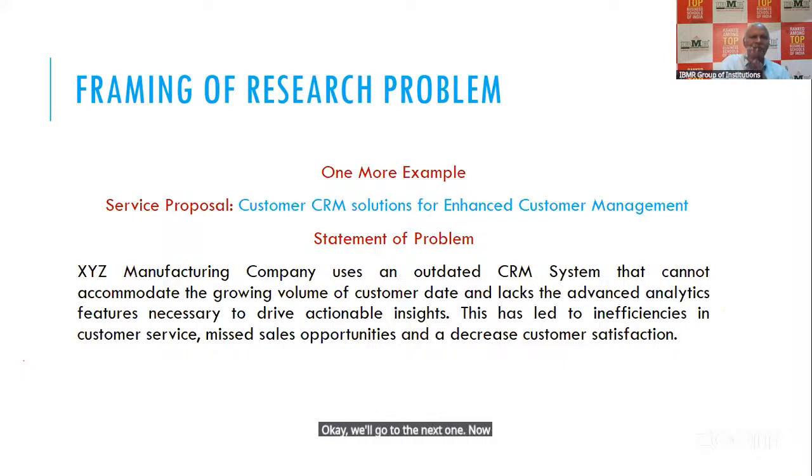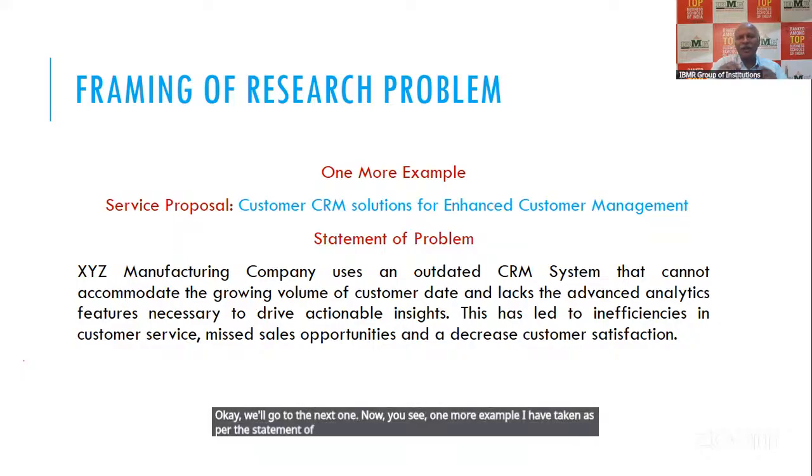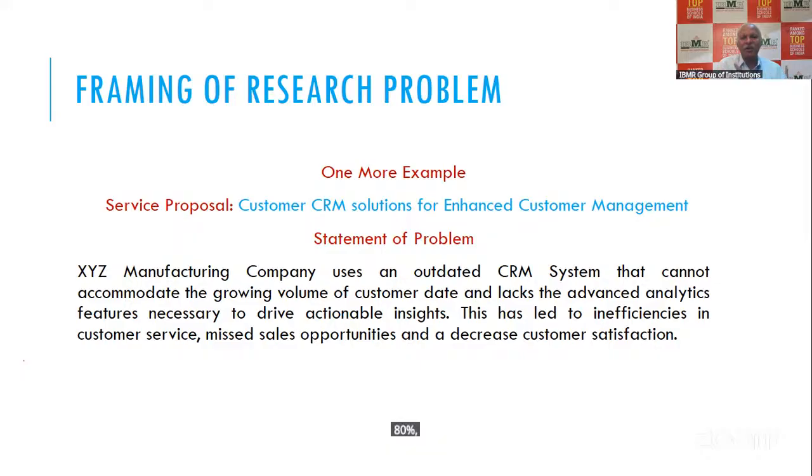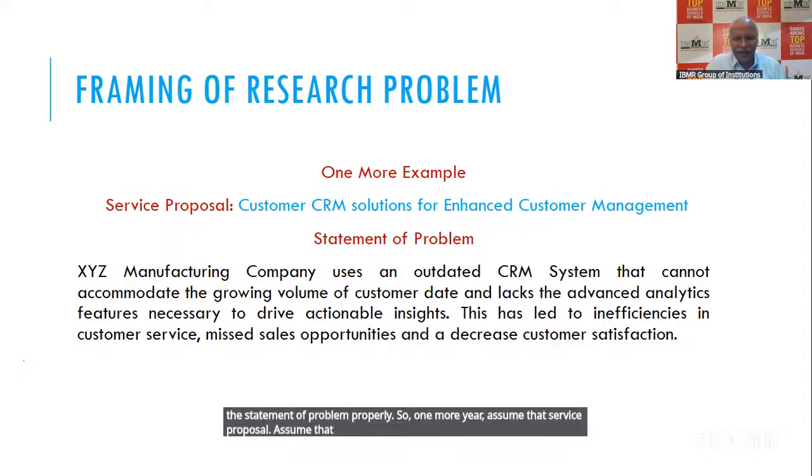Now you see one more example I have taken as per the statement of problem. Why am I repeating the statement of problem? Very, very important, because 80%, 90% of the time we have not clearly defined the statement of problem properly. So one more here: assume that a digital service providing agency made a proposal submitted to a company.